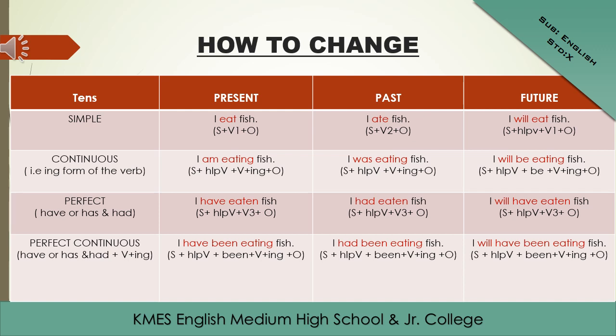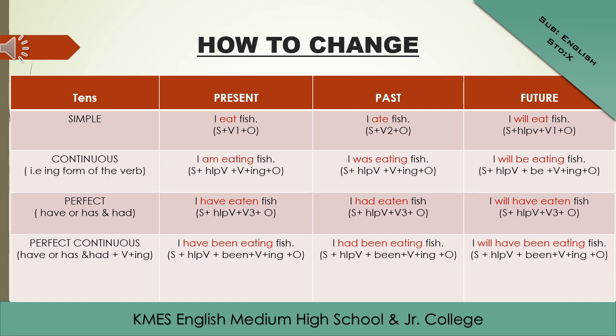Now this ing form of the verb will remain the same in past as well as in future. What will only change is the tense of the helping verb. So I am eating fish will become I was eating fish in past continuous tense. So I am is changed to I was.